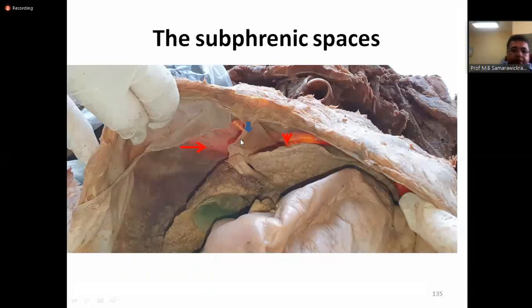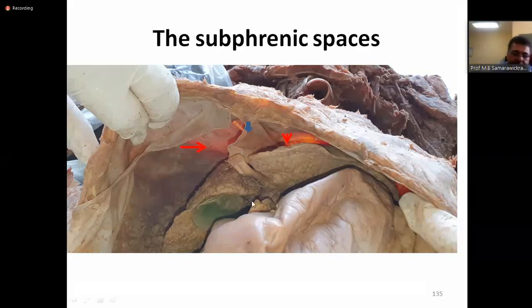And the other important recesses are the subphrenic spaces between the liver and the diaphragm. You can see this is the left subphrenic space, and this is the right subphrenic space, divided into two by the attachment of the falciform ligament. And deep to the liver, you get subhepatic spaces.